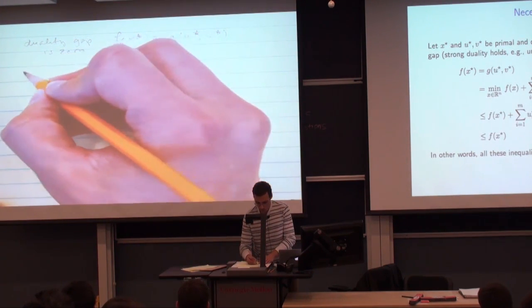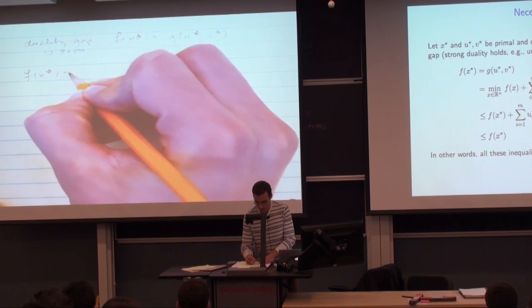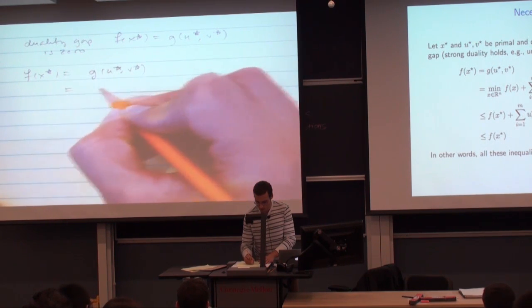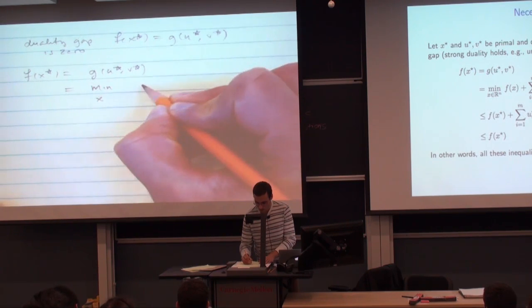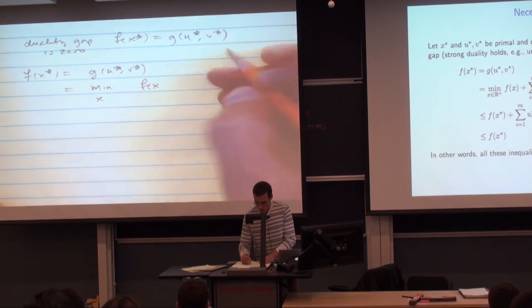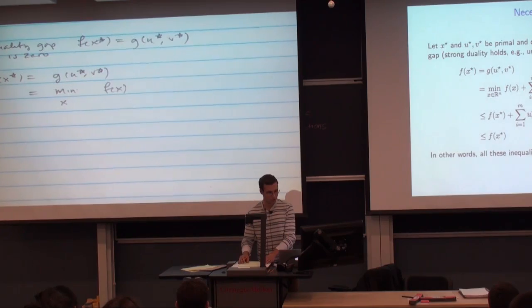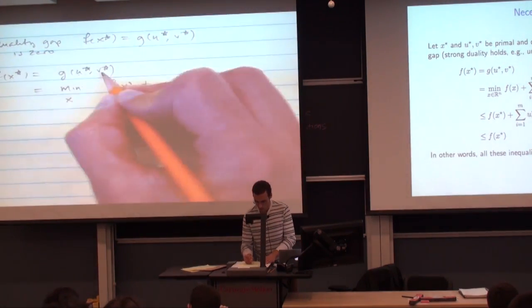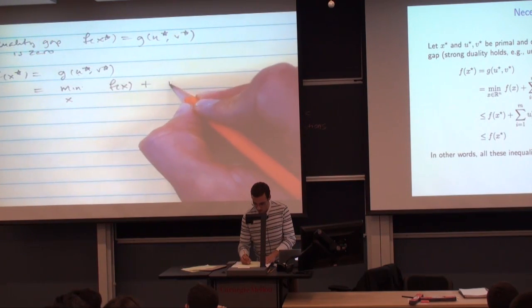Okay, so by assumption I have that the duality gap is 0, right? But by definition, the dual function is just the minimum of the Lagrangian over all x, and I'm evaluating at u star, v star, so I can write that like this.